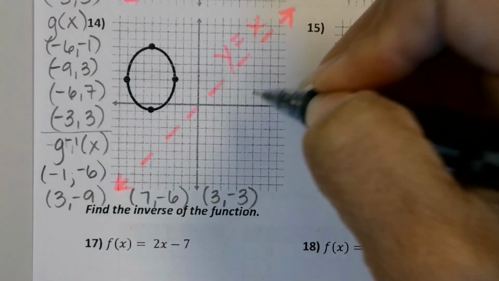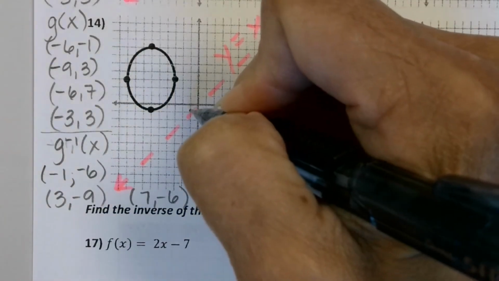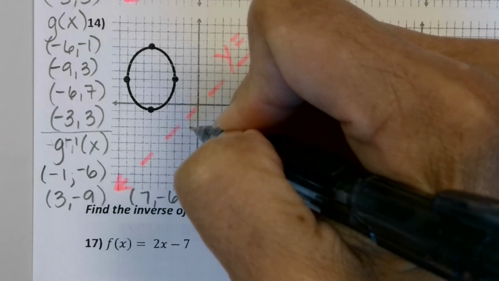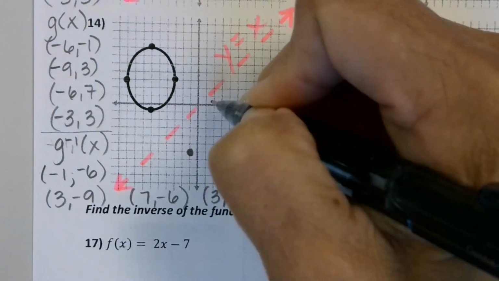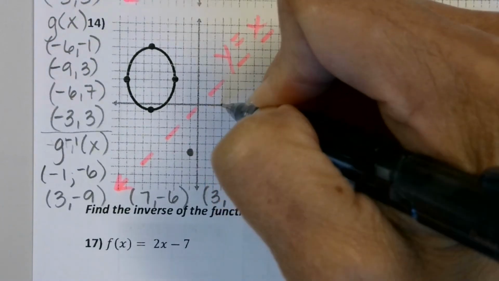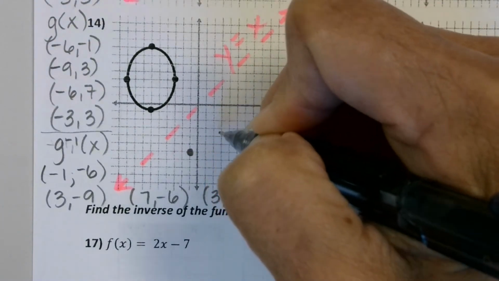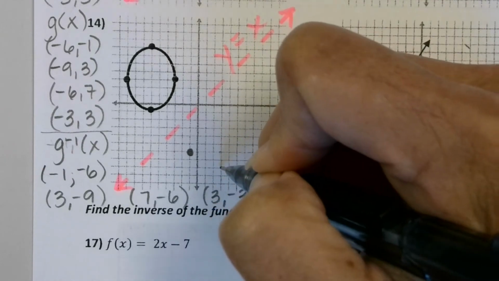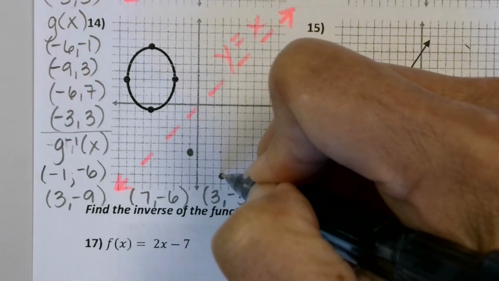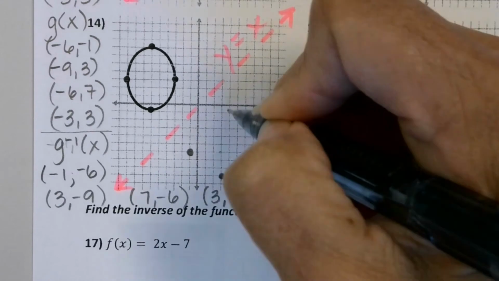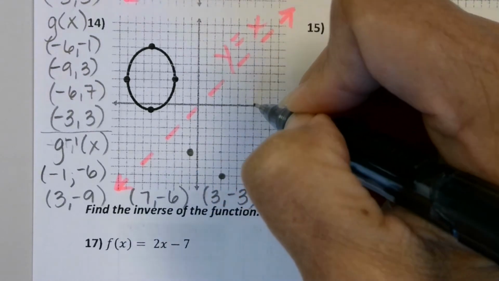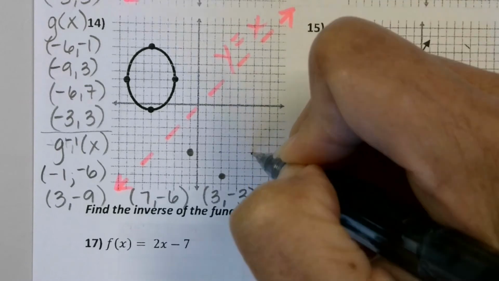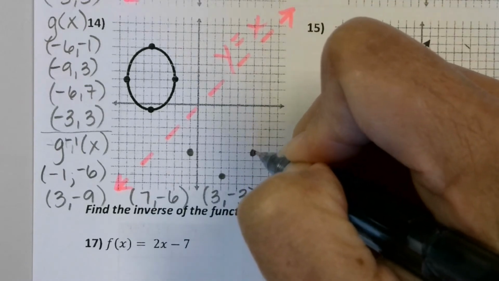So let's plot those. -1, 1, 2, 3, 4, 5, 6. 1, 2, 3 for +3, and then 9. So I know that's 6. So 7, 8, 9. And then 7, -6. 1, 2, 3, 4, 5, 6, 7. -6. Since I've done that one before already.